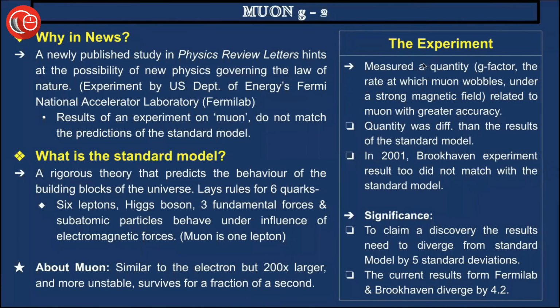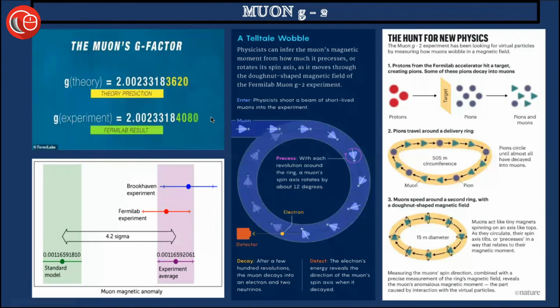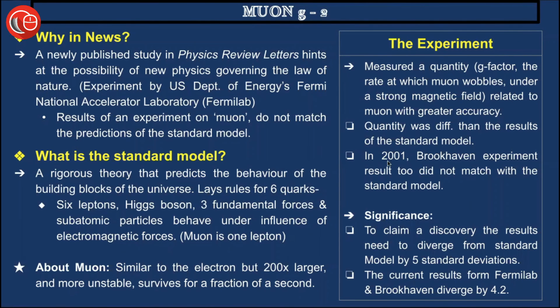So now let's look at what the experiment was about. This experiment, conducted at Fermilab, measured a quantity related to the muon, following up on a previous experiment at Brookhaven, which was done in 2001, and it concluded the G value is this, and now in 2021 it has matched that experiment.